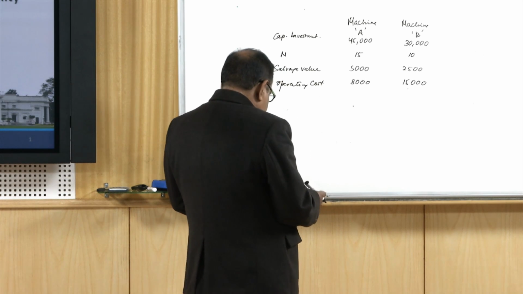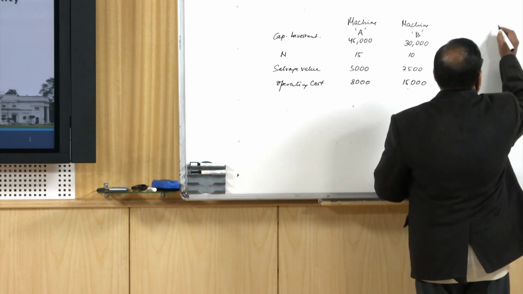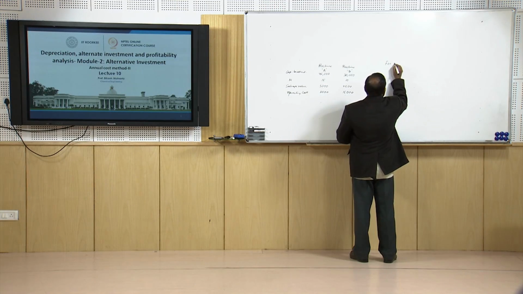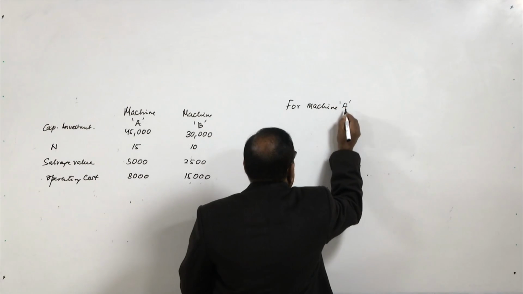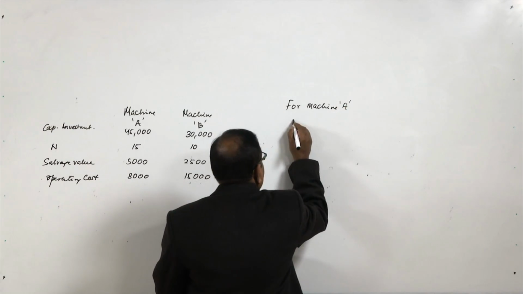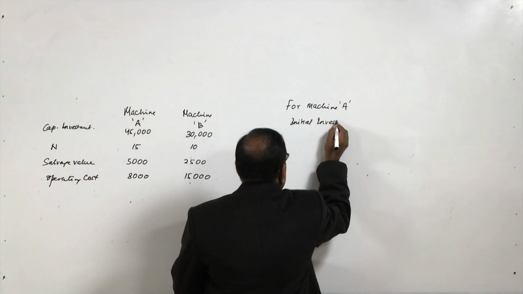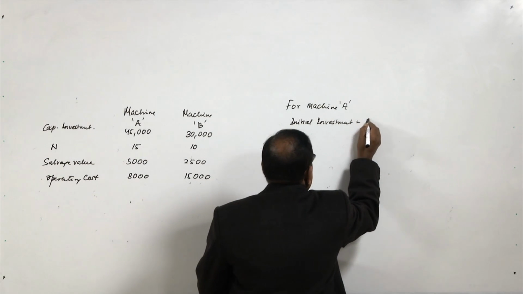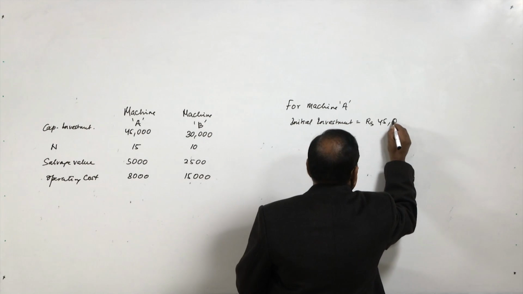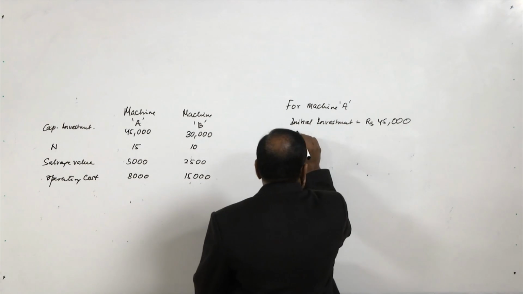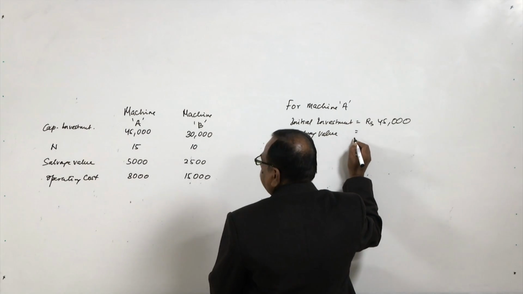Now, the initial investment for machine A is rupees 45,000. The salvage value is 5,000.